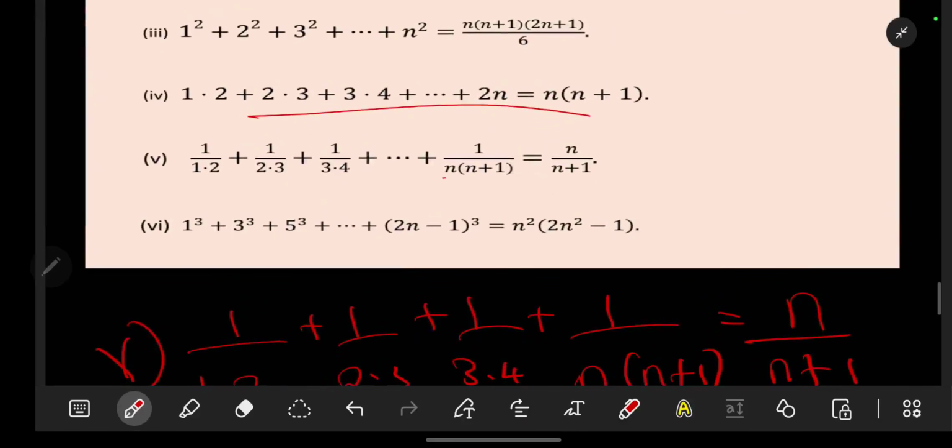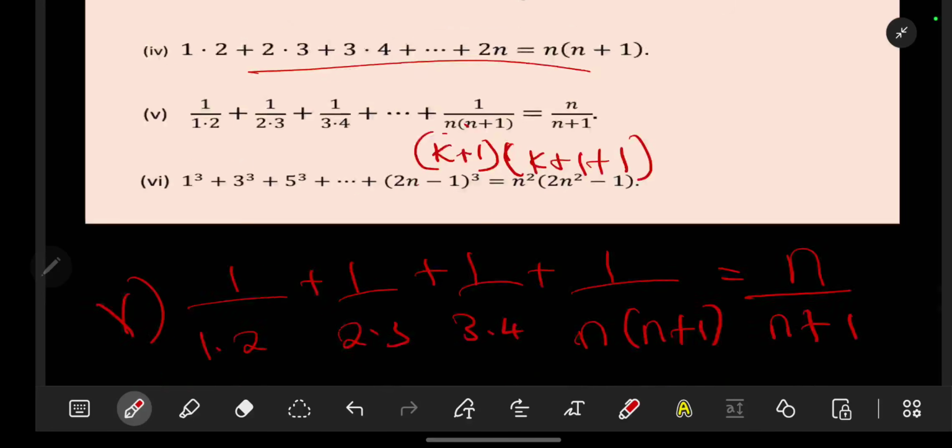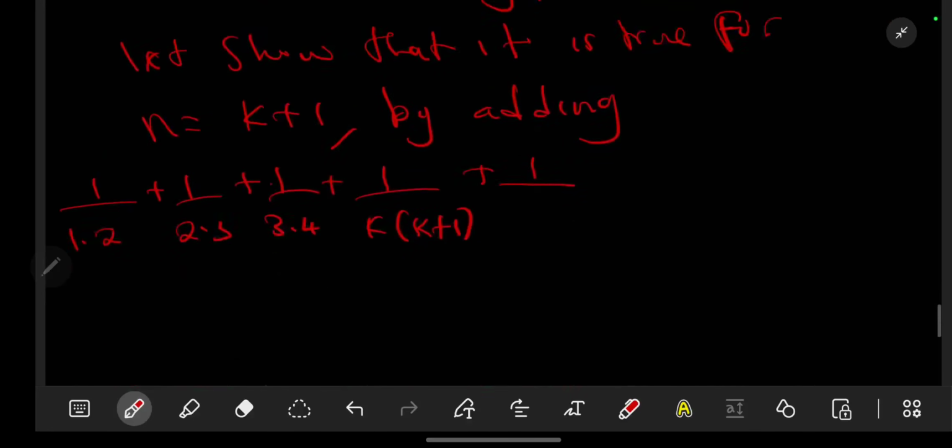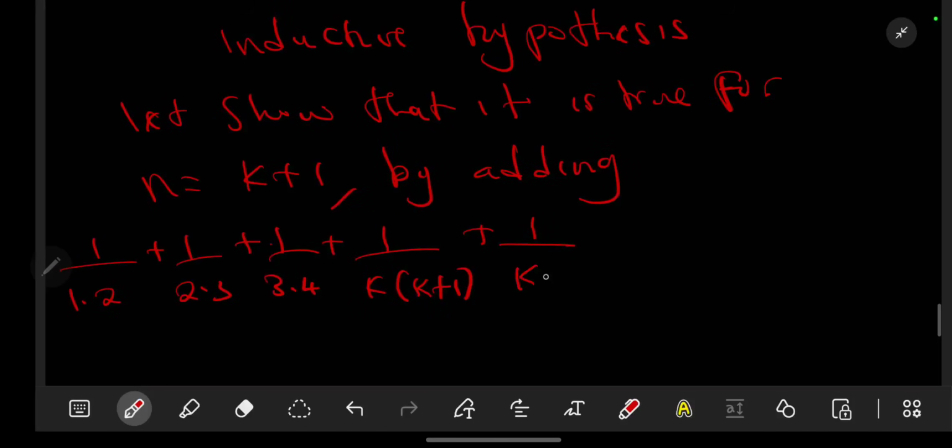Where there is n, we are going to take k plus 1. And where there is n, we take k plus 1, but there is an extra one like that. So that means we are going to have k plus 1, open brackets, k plus 1, but there is another one like that.